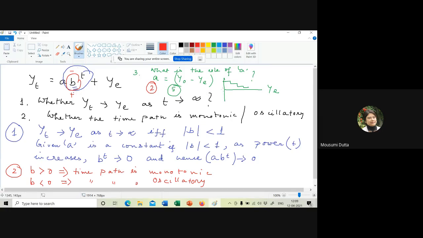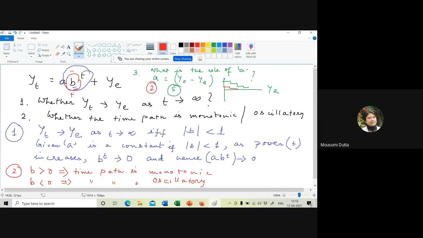In that case, the same type of time path I am considering. However, my starting point is quite close to that of YE. So it has a scale effect too.